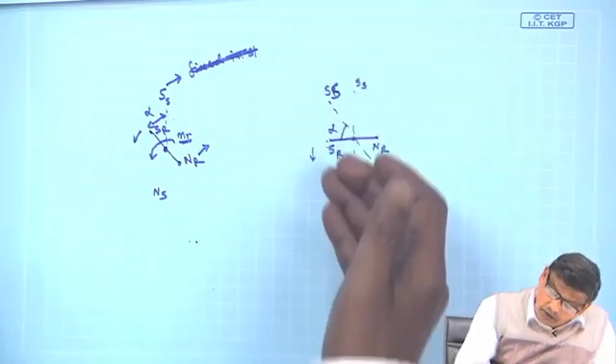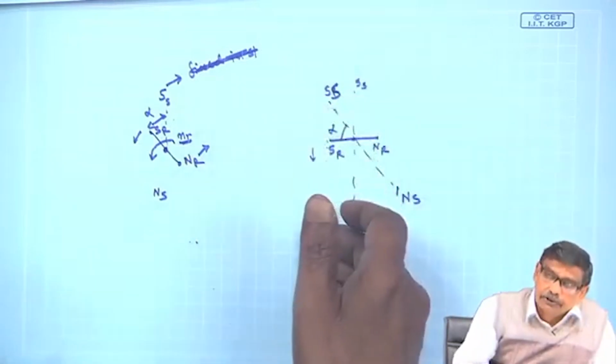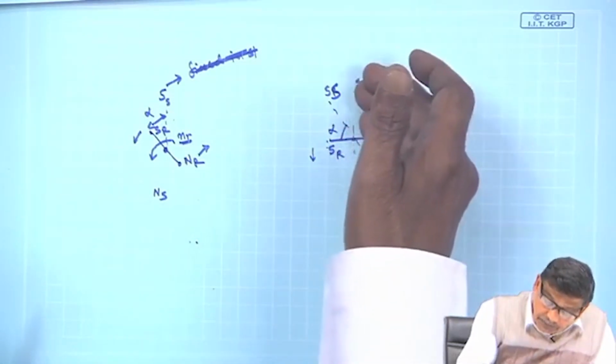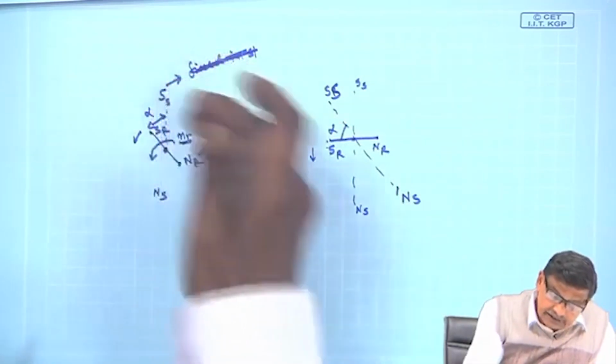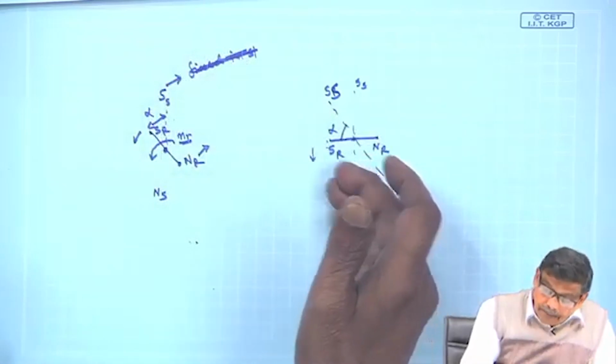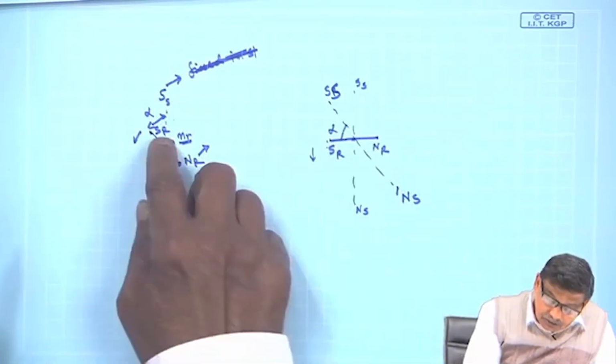Still torque is produced, but the magnitude of the torque between this Ss and Sr will be different, because the angle between them is no longer alpha.